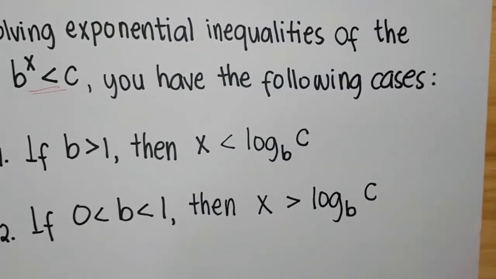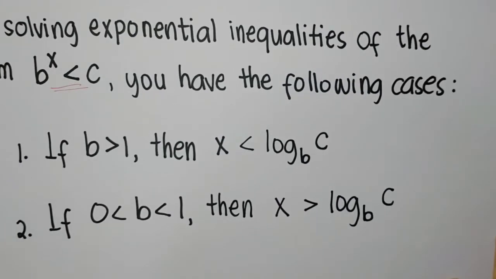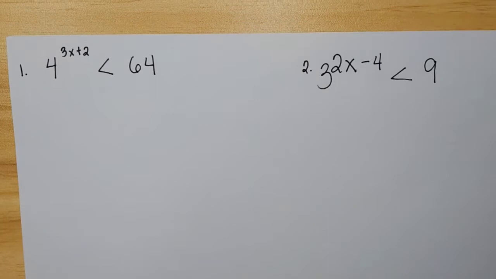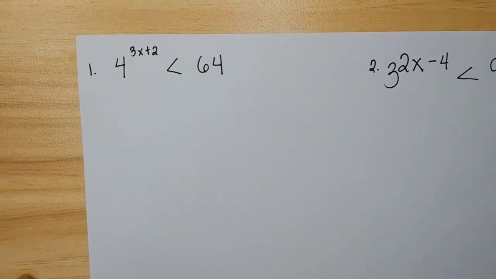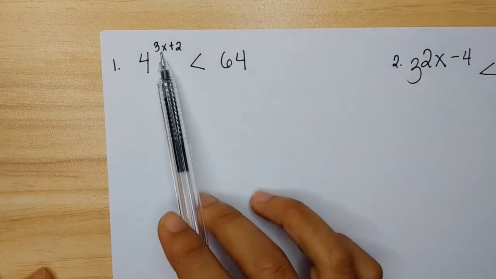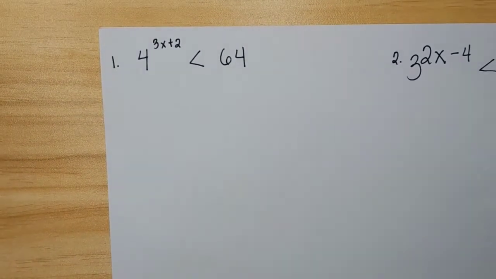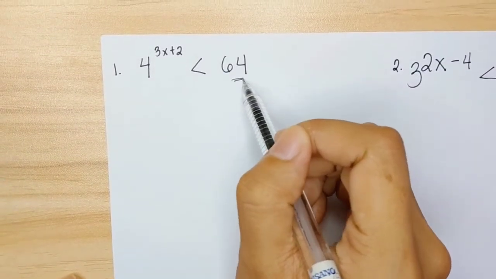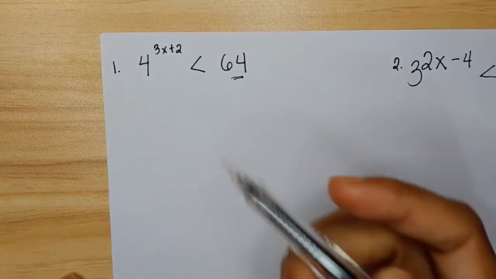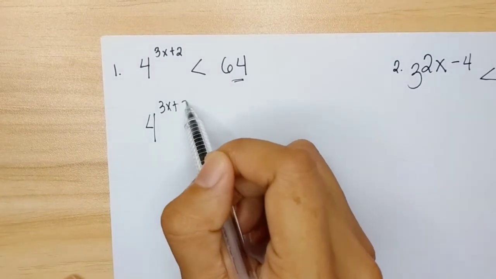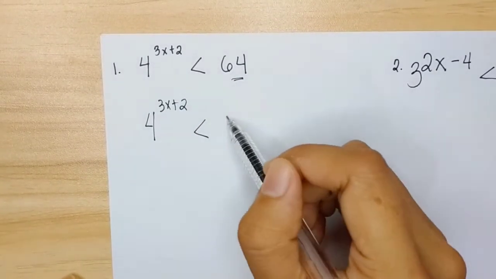Okay? So, let us have some example to understand this application. Okay, so we have here example number 1. 4 raised to the power of 3x plus 2 is less than 64. So, dapat again the same. Dapat same yung base nila. So, we have 4 raised to the power of 3x plus 2, less than 4.